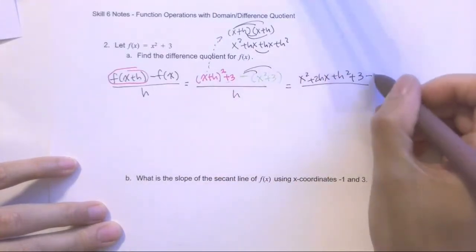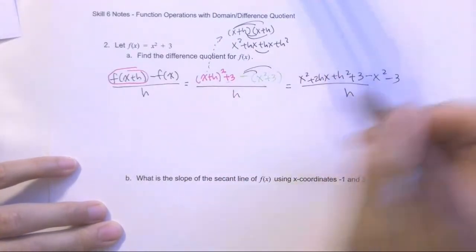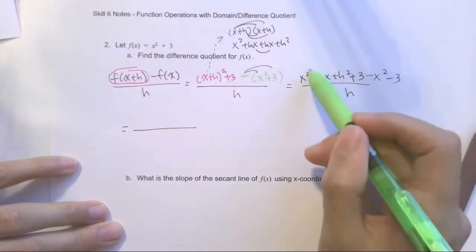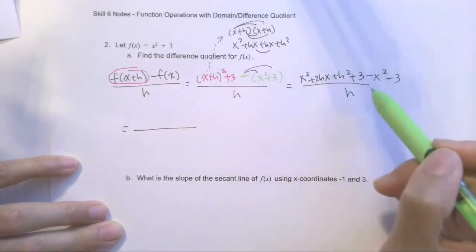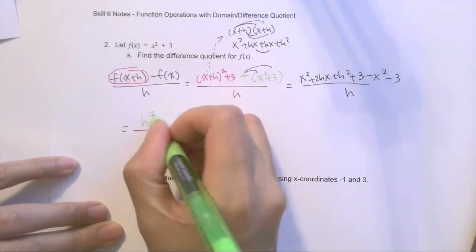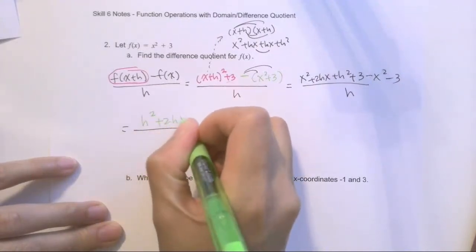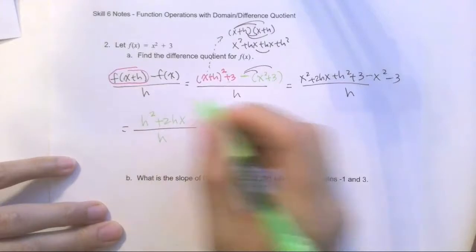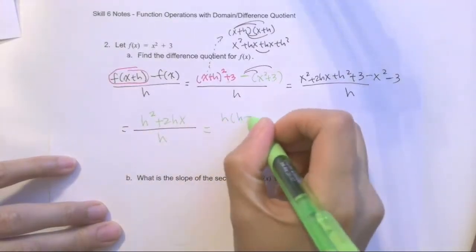Distribute the negative in. Minus x squared minus 3, and combine the like terms. Let's see, what can I combine? Cancel x squared out. So I get h squared plus 2hx. 3 disappears, over h. I can factor h out from the top.